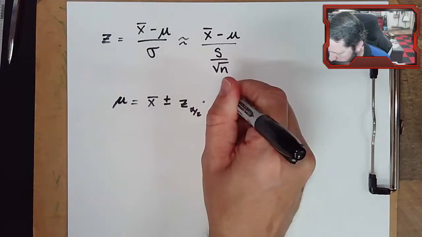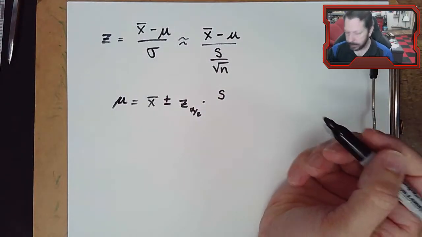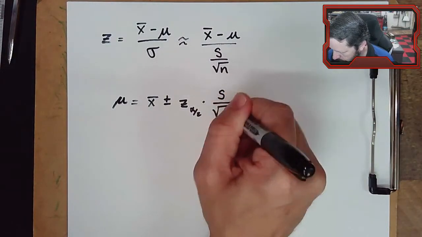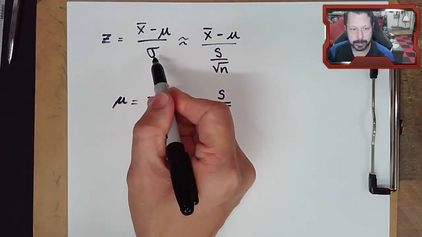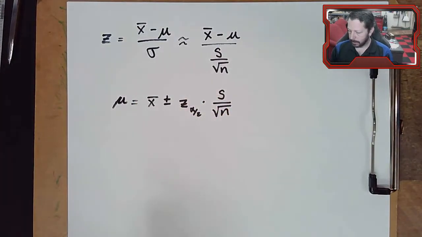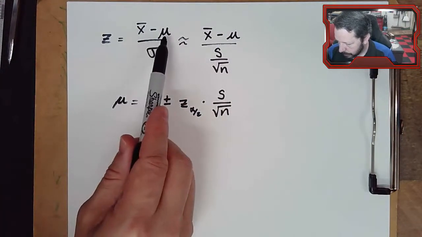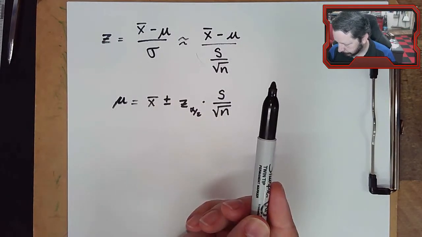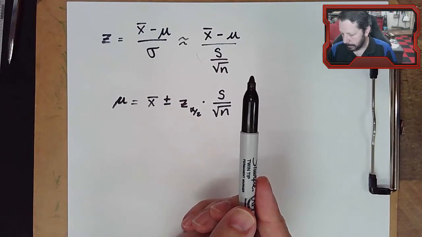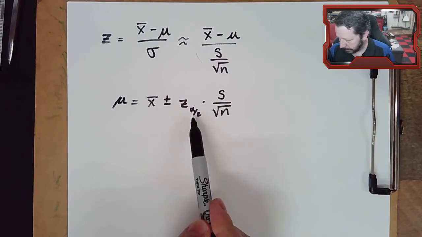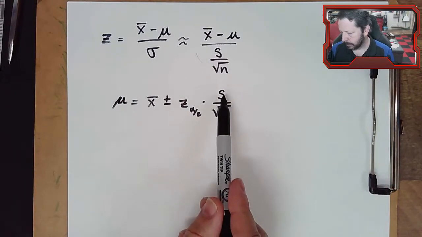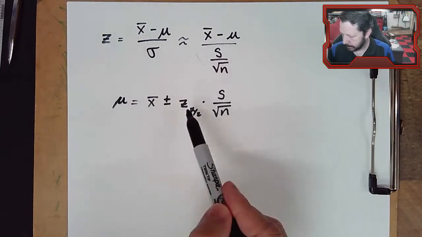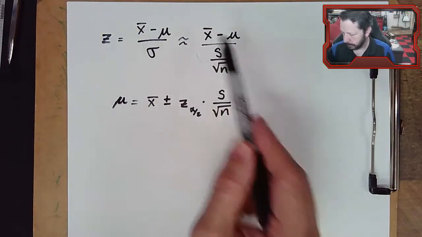Times your sample standard deviation over your square root of n, which is standing in for your population standard deviation. All right, so I can use this to find a Z value, and then I can find a Z value standard deviation. Basically, this is this right here.